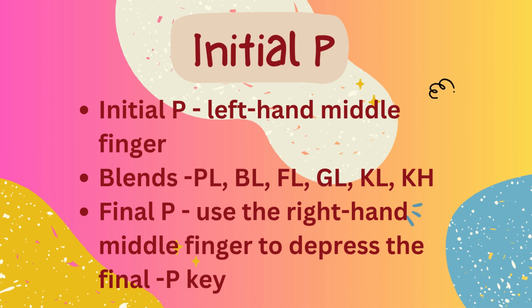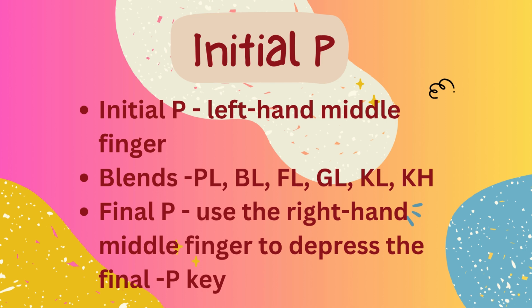Then we also have blends. So we have initial PL. Using your left middle finger and then your left index finger on the initial L, which is the initial H and R. So you put your left index finger on the crack. So that's PL.